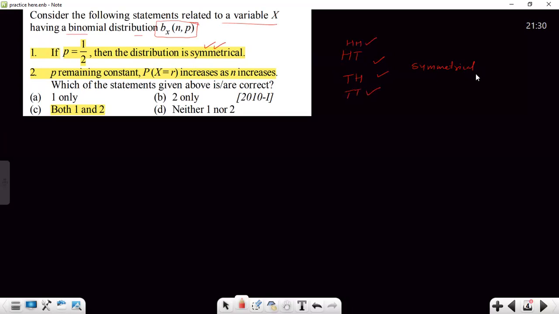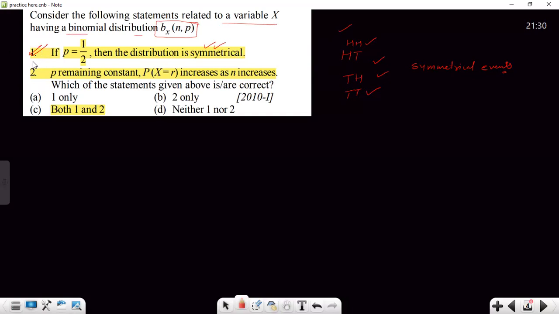Tail, tail can also happen. One case of both heads, one case of both tails, one case of head and tail, one case of tail and head. That's how symmetry exists. So the probability is half, and we can see that it is a symmetrical distribution. So the first statement is correct.